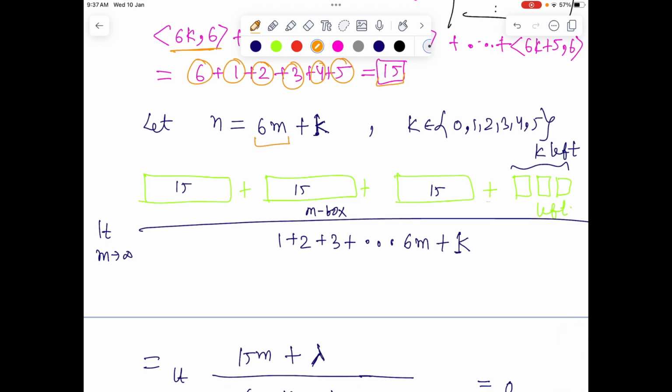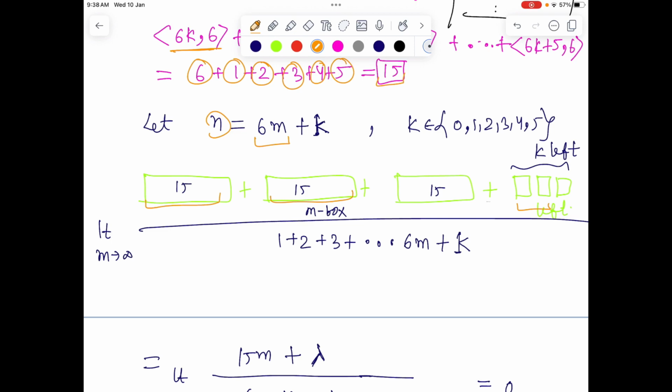Now when we have n equal to 6m plus k, we can group these numbers in m boxes, and something will be left, right? Think of a number, let's say 13. So 13 can be written as 2 boxes containing 6 elements each, and then we'll have 1 element left. If the number n itself is a multiple of 6, then m boxes contain 6 items each, and we have k leftover items.